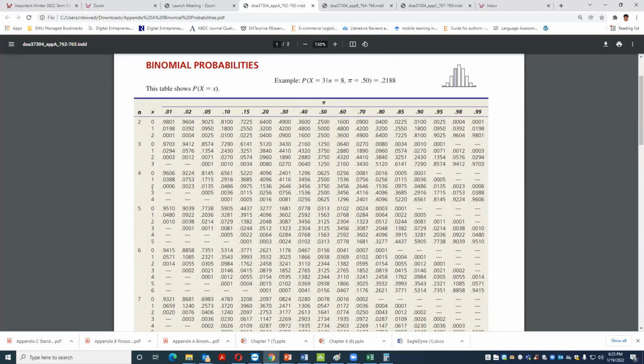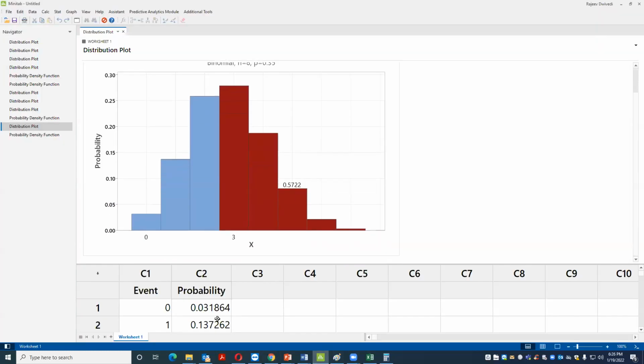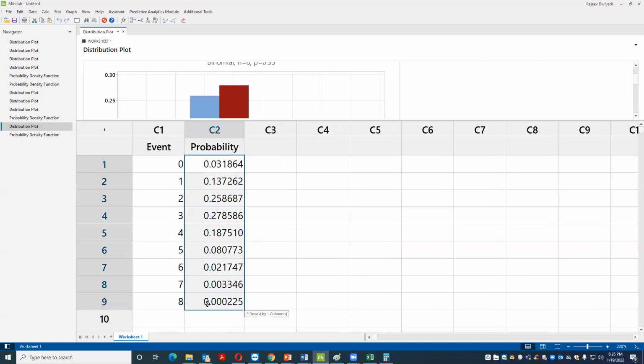N equal to what do we have for N? N is 8. We took a sample size of 8. What was our probability? We don't have it here; they have 0.3, 0.4, 0.5, and we took 0.35. So for comparing, I'm going to make it simple.